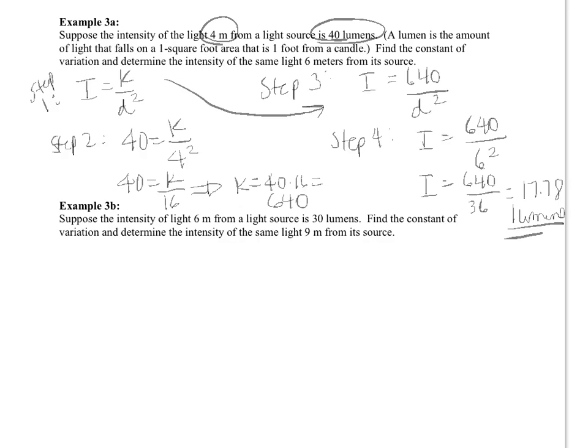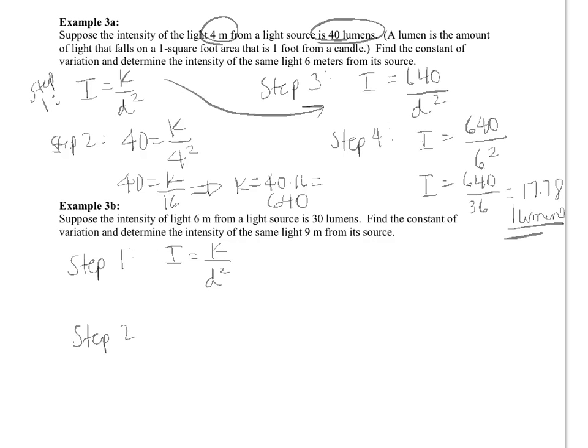Okay, in example 3b, suppose the intensity of light 6 meters from a light source is 30 lumens now. Find the constant of variation and determine the intensity of the same light 9 meters from its source. So in step 1, we're going to write that general equation. We can say I equals K over D squared.